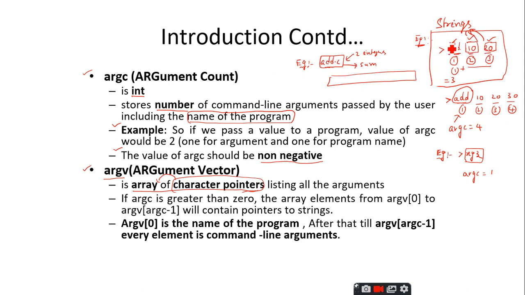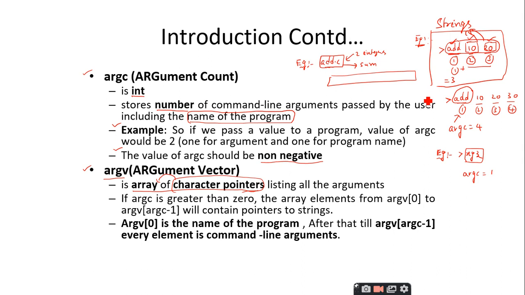So, the important point is that whatever you give in the command line argument, everything will be treated as strings irrespective of their original data type. Even if you give a floating point value, it will be treated as a string. Similarly, if you give an integer, that is also treated as a string. That is a very important point.